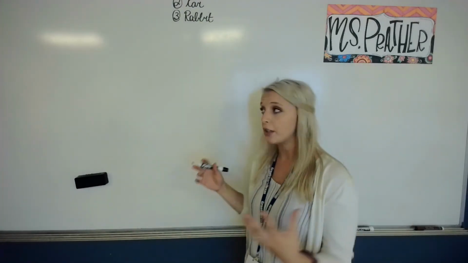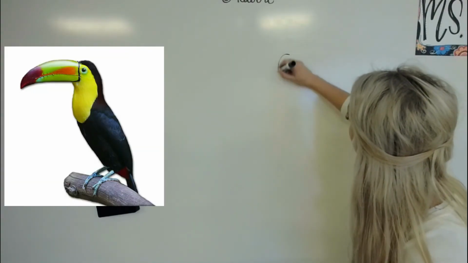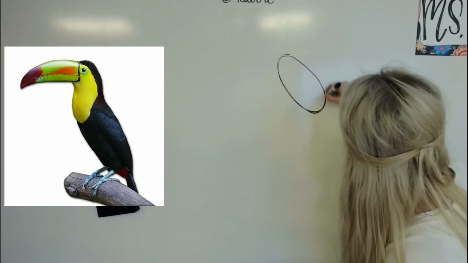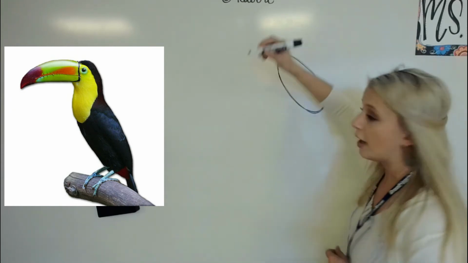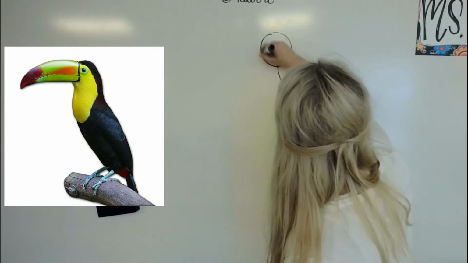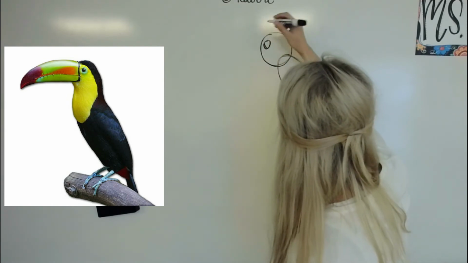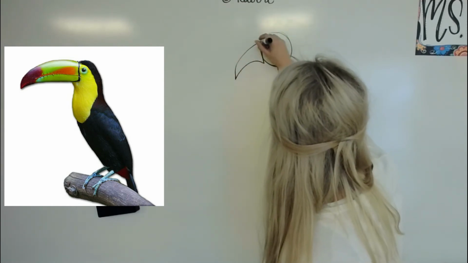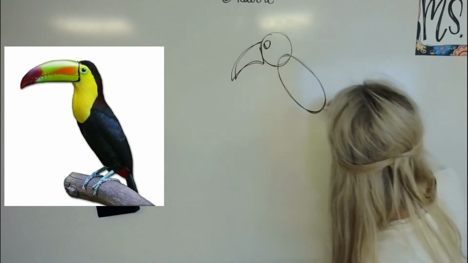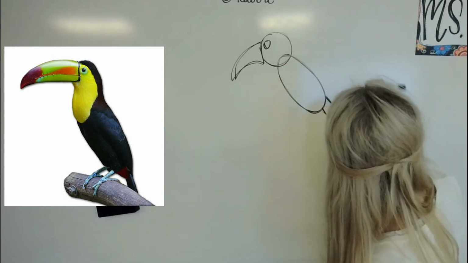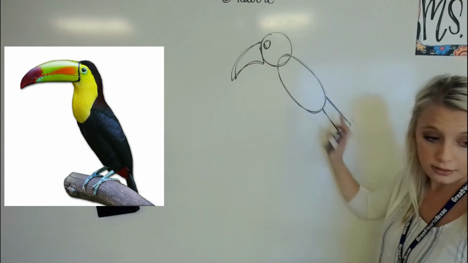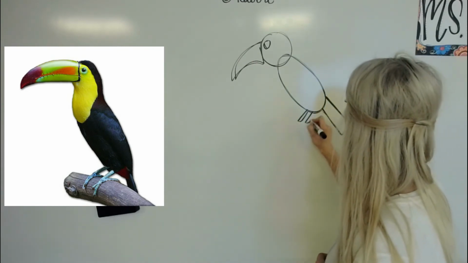Let's look at the toucan first. So if I knew that the oval was the body shape, I'll draw the body shape. And then I looked at the head, and it was circular, and the eyes. And then the beak was a triangle, right? And then I had a rectangular tail, and I had rectangular legs.